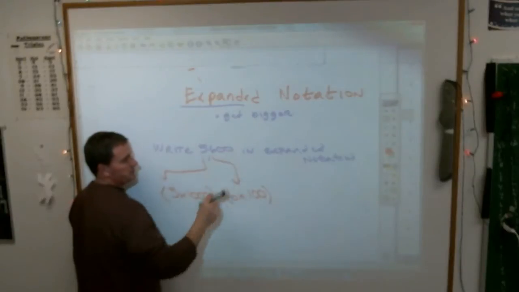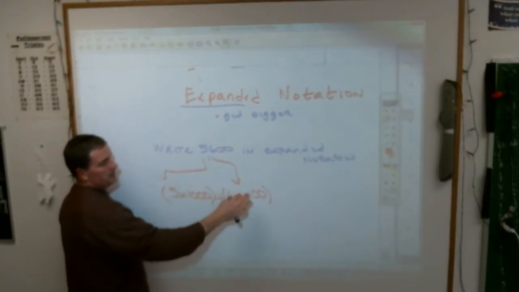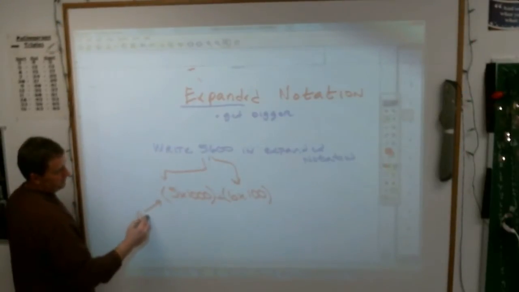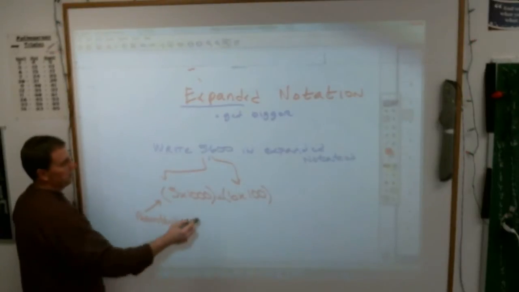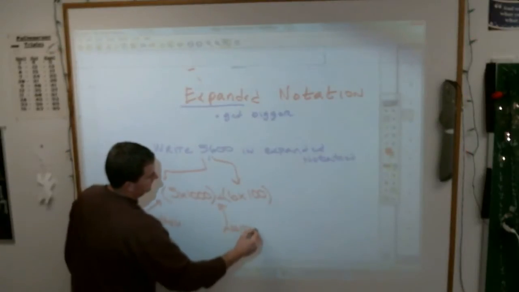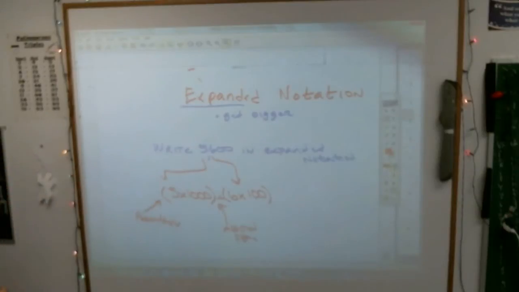You don't have to worry about zeros, so this is really it in expanded form, 5,600. You definitely need the parentheses, and you need to put the addition sign right there. Those all need to be part of the whole thing.